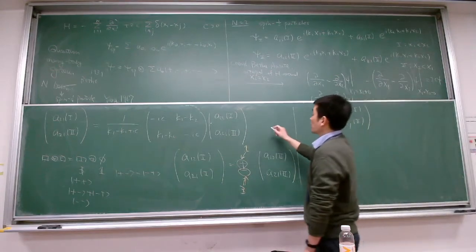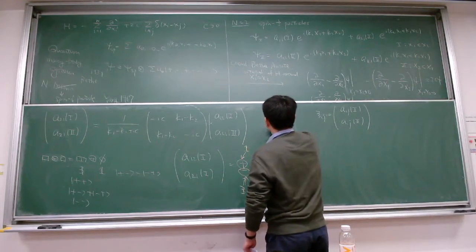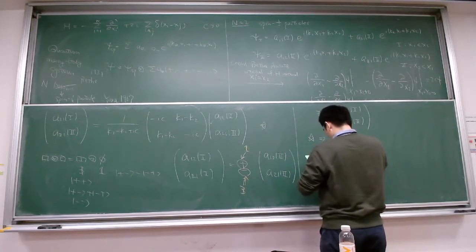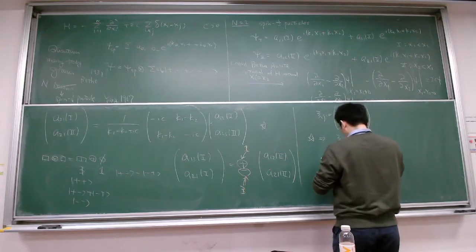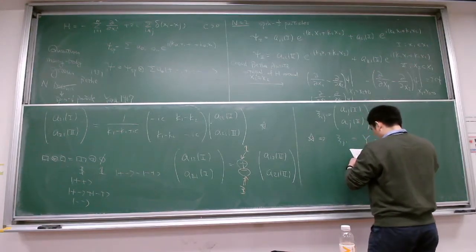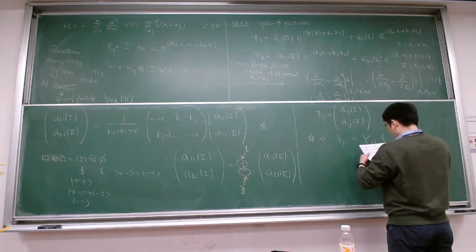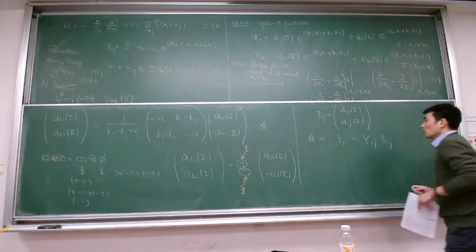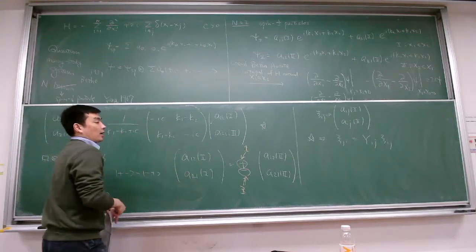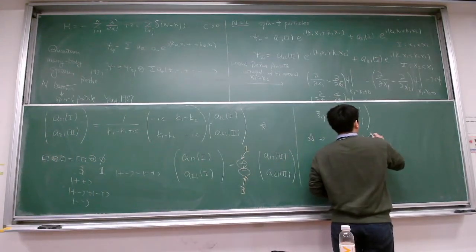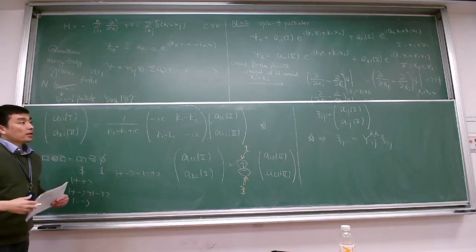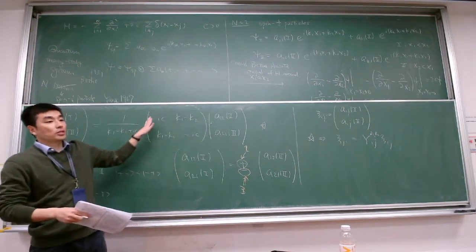So this equation, maybe star, can be written as C_{ji} equal to Y_{ij} C_{ij}, where C_{ij} also depends on the momenta k1 and k2. So this Y_{ij} matrix can be understood as this matrix.